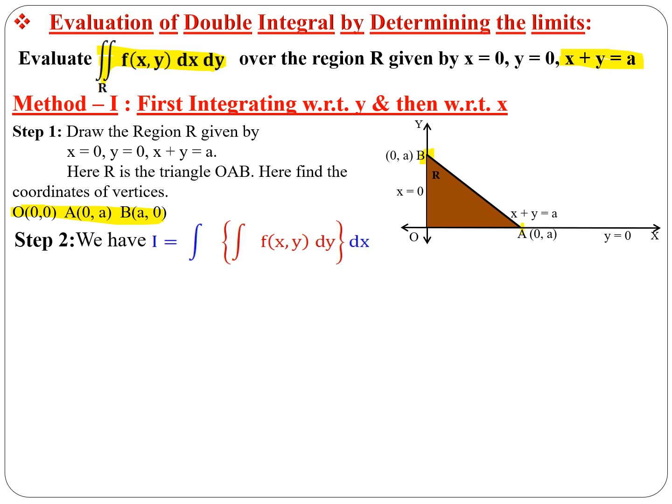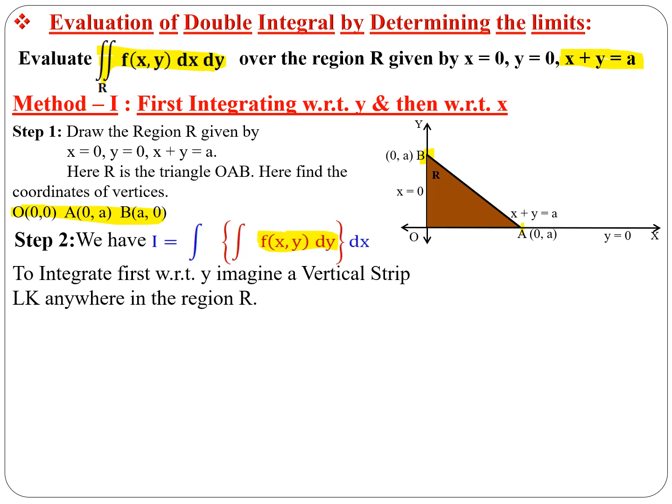Now we want to integrate first with respect to y. So we write it as the integral, in brackets, of the integral of f(x, y) dy, and then the whole integral dx. First we want to find the limits of y. I already told you, if you want to integrate first with respect to y, then you have to draw one vertical strip.